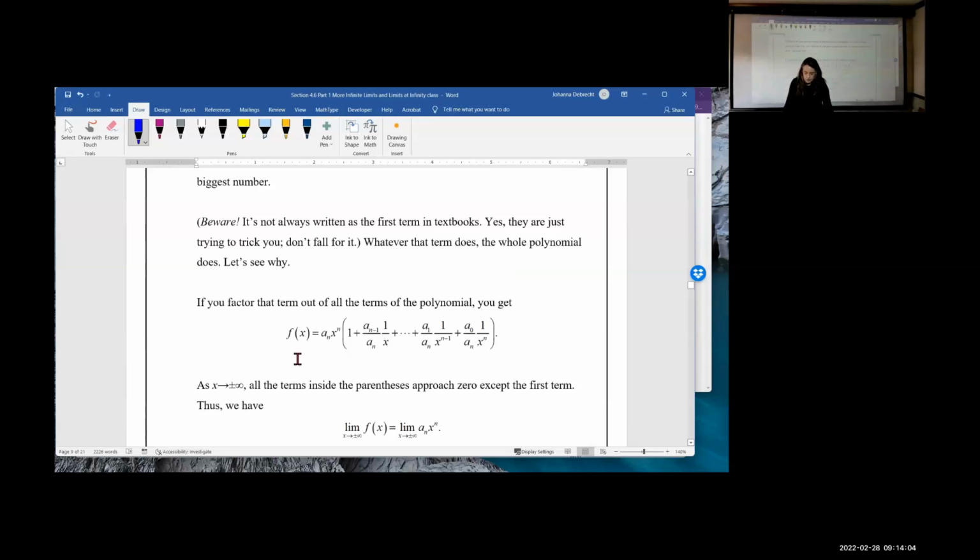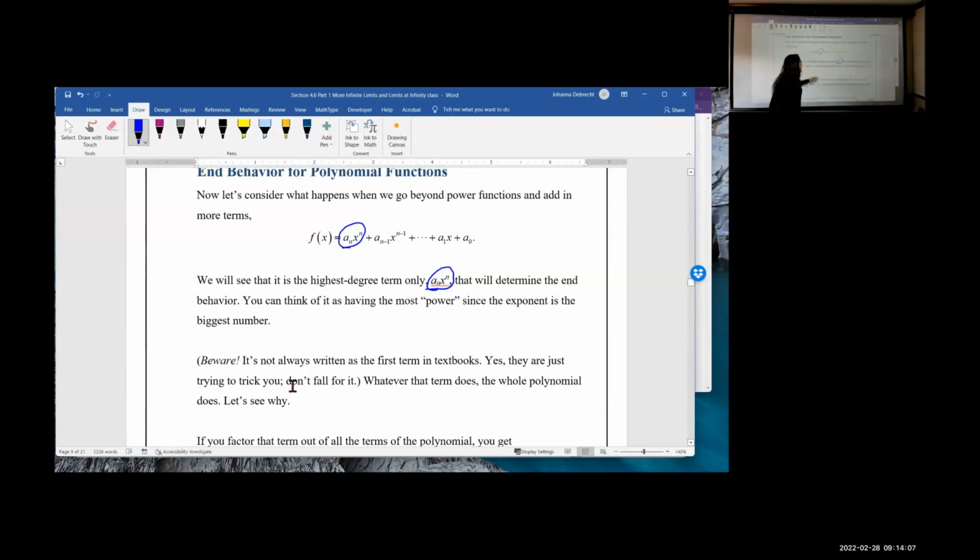If I take this polynomial that I have right here, a_n x^n + a_(n-1) x^(n-1) + and so on, this could be something like, we'll just make it simple, 2x^7 + 3x^6 - 5x^5 + 4x^4 - 3x^3 + 2x^2, I ran out of room, + 7x + 42, all right? 42 is always a good number.